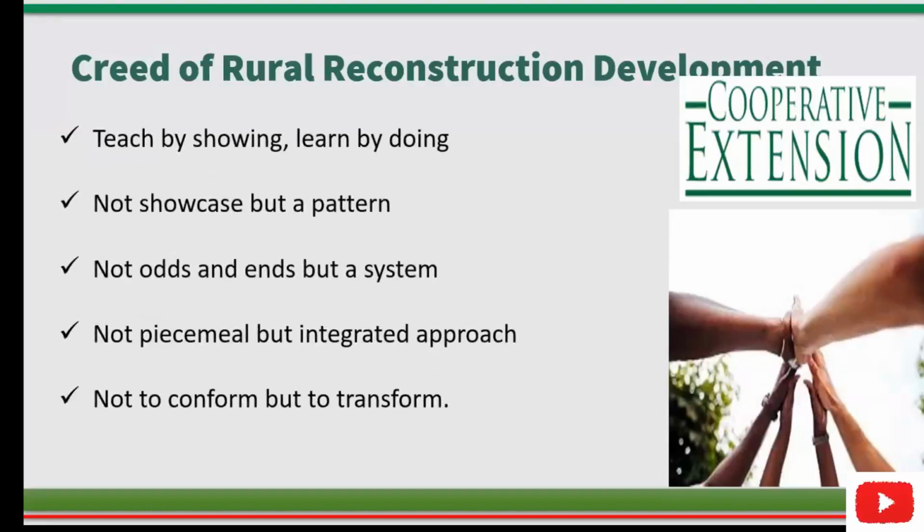Teach them that, not showcase by a pattern. Not odds and ends, but a system. Not piecemeal, but an integrated approach. Not conform, but transform. These are just maxims we use as creeds for rural reconstruction development.